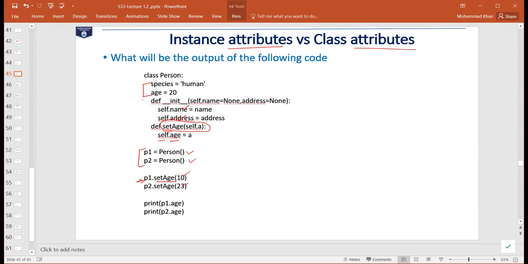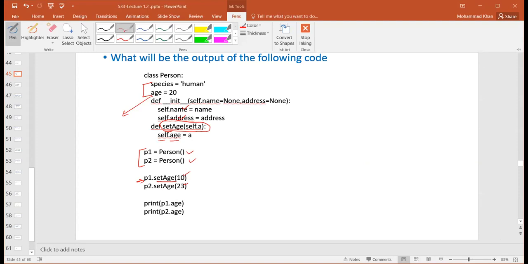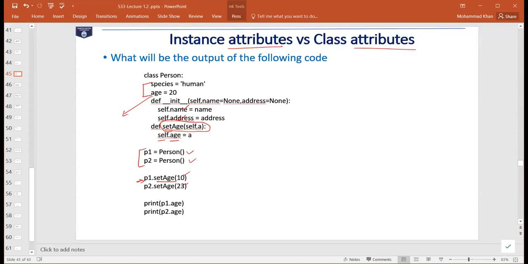Now the problem is we have one class variable age, and then we have an instance variable age. So we're creating an instance variable age here.